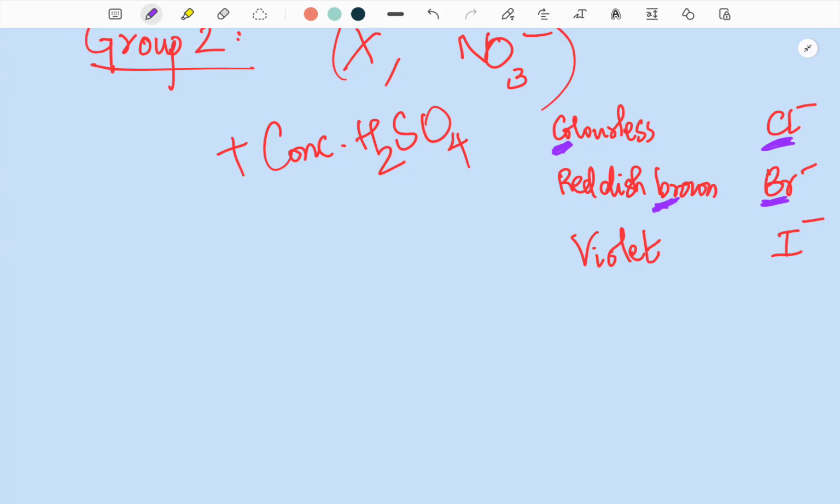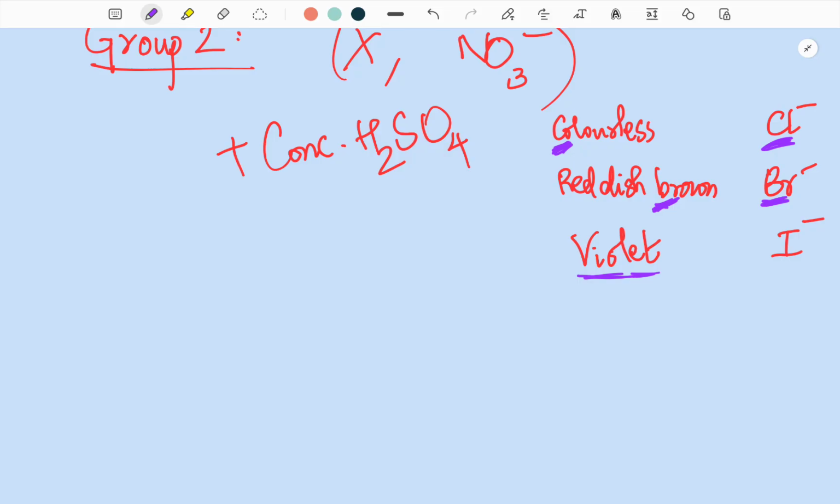And you are aware of the starch test. When you identify starch with iodine, you will get a purple color. So you can remember that the color of the fume is violet, because even for the starch test you need a violet color to conclude it is starch. So you can use that to remember it.